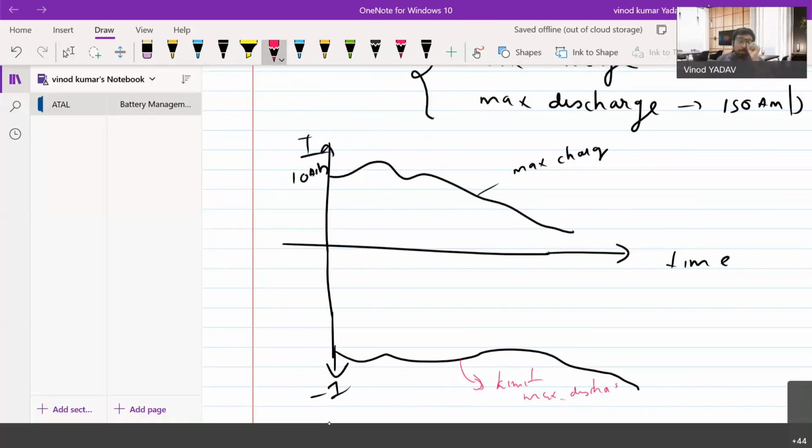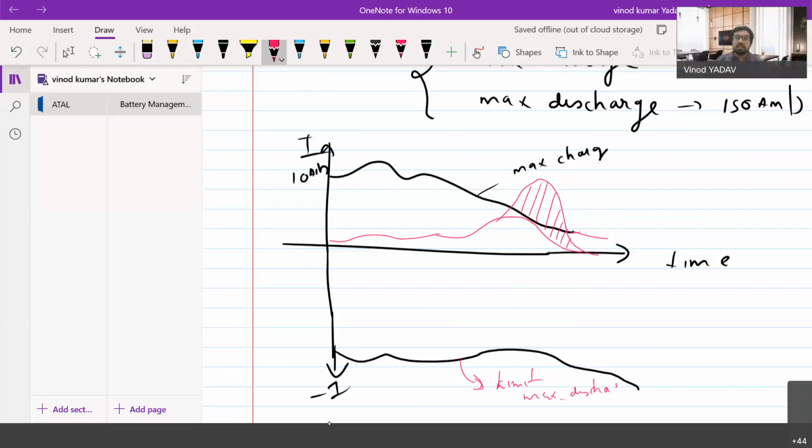Suppose the overall current flowing in the system is somehow like this. At any point, suppose the current goes beyond this maximum charge limit, the envelope that we have drawn.